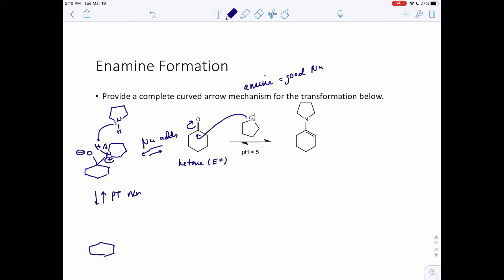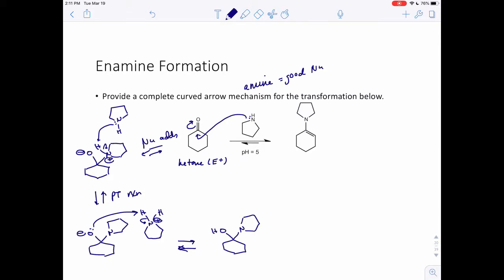From here, we have just the negative formal charge on oxygen, and keeping in mind that we want oxygen to leave as water, we're going to go ahead and use our newly generated acid to protonate that oxygen. That's going to generate for us this neutral intermediate.